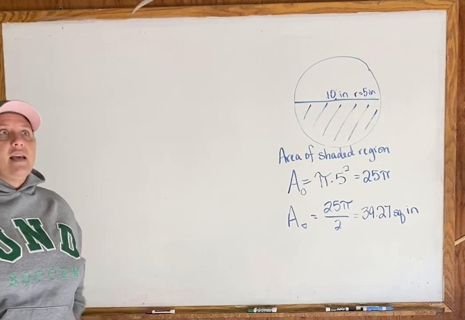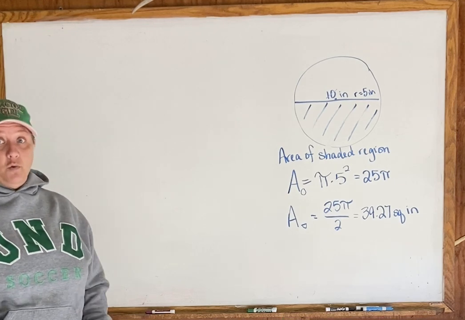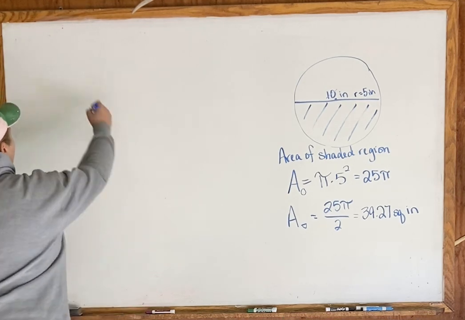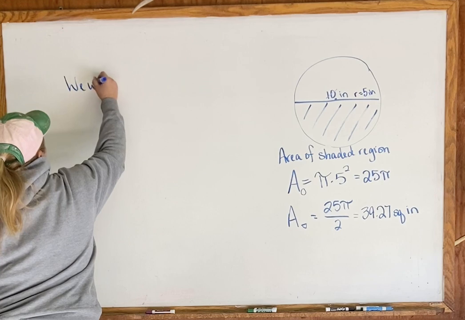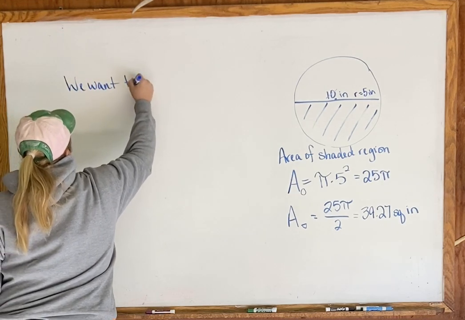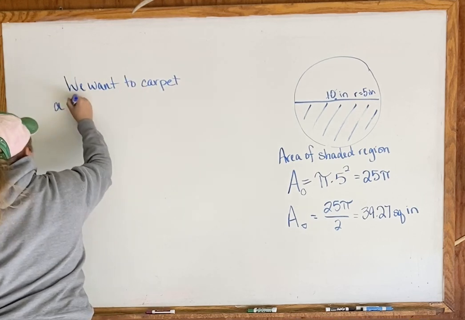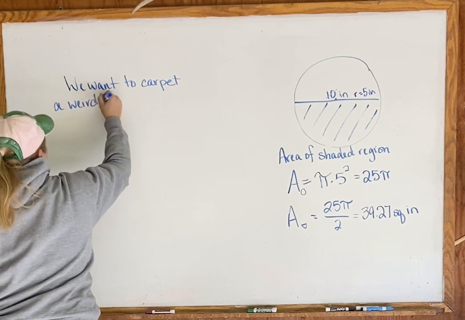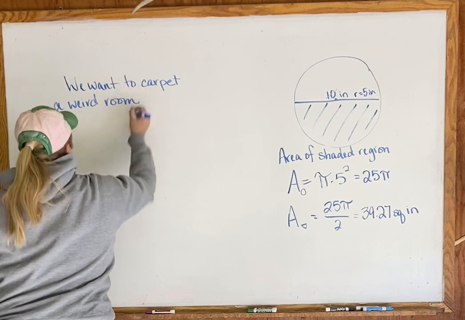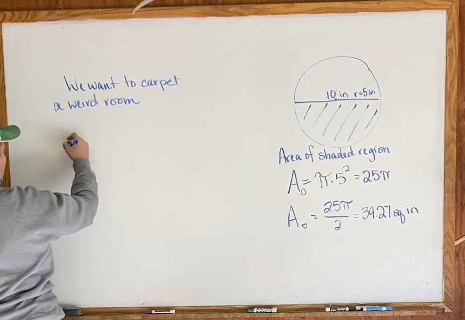So let's say that we had kind of a weird shaped room that we wanted to carpet. Okay, so our weird room looks like this.